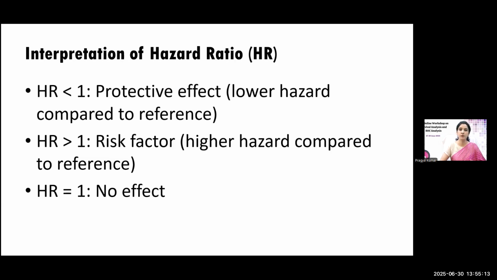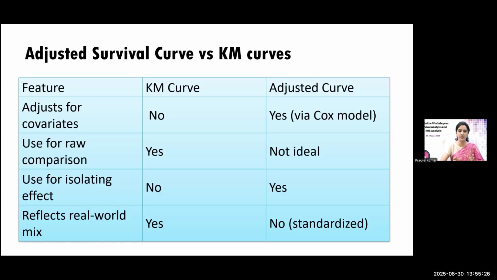Now, we have seen in the Kaplan-Meier the unadjusted survival curve. But in case of Cox, you will also have the adjusted survival curve. So what is the difference between the adjusted versus unadjusted survival curve? The curve which you get from the Kaplan-Meier is your unadjusted survival curve.